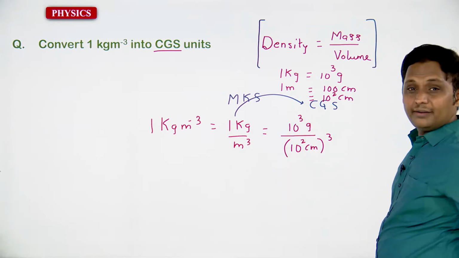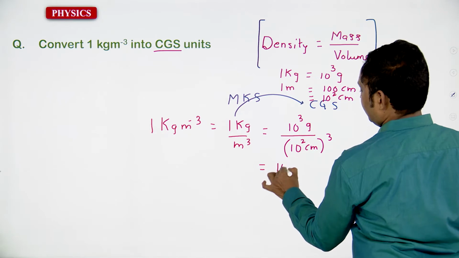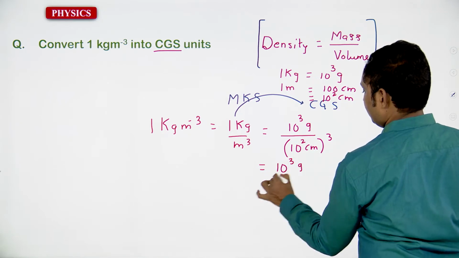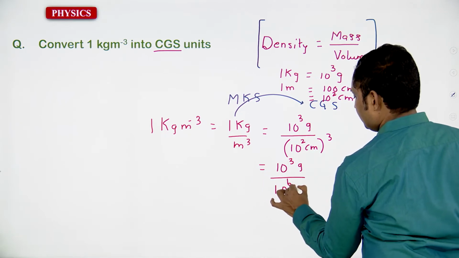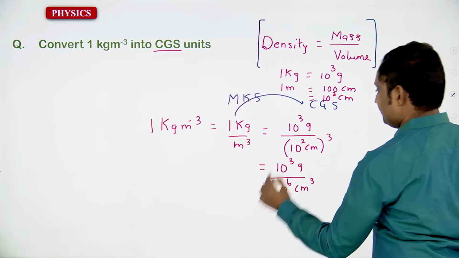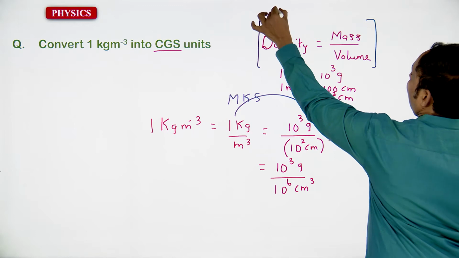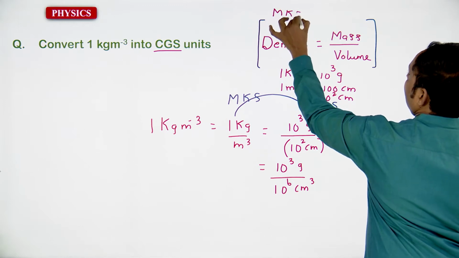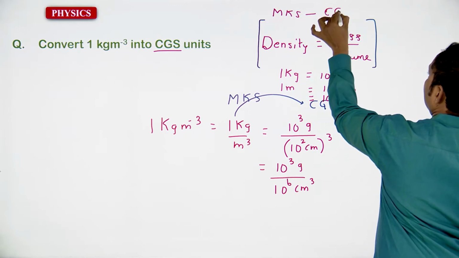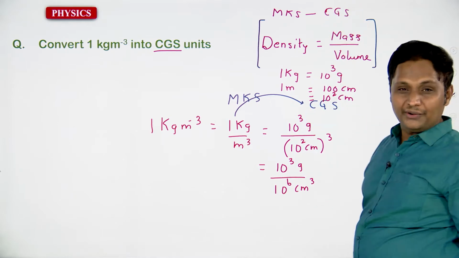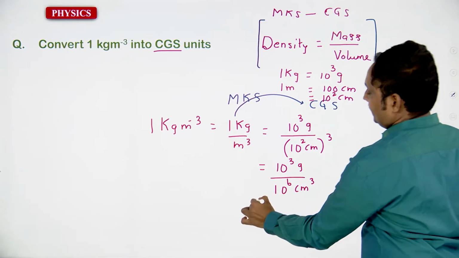So now you get 10 to the power of 3 by 10 to the power of 6 centimeter cube. While converting density from the MKS to the CGS system, you can get that value.